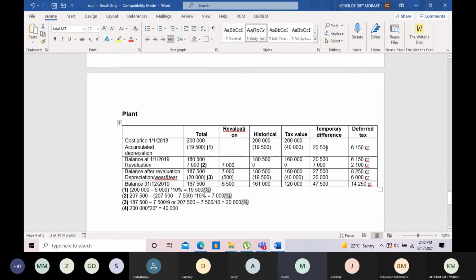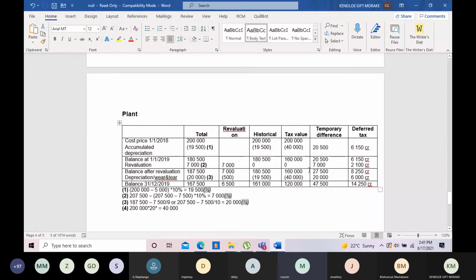But you are applying the tax rate based on your temporary difference to determine the deferred taxation. You do the same thing: 20,500 multiplied by the tax rate of 30% is 6,150. 7,000 multiplied by 0.3 or 30%.